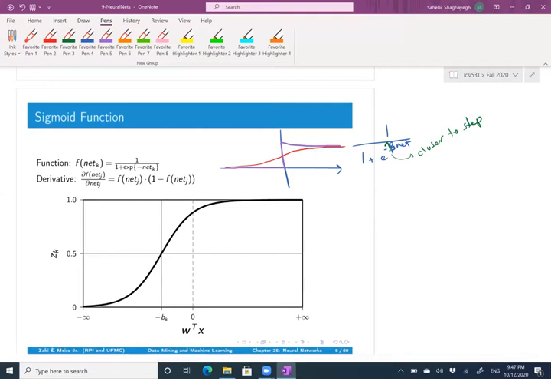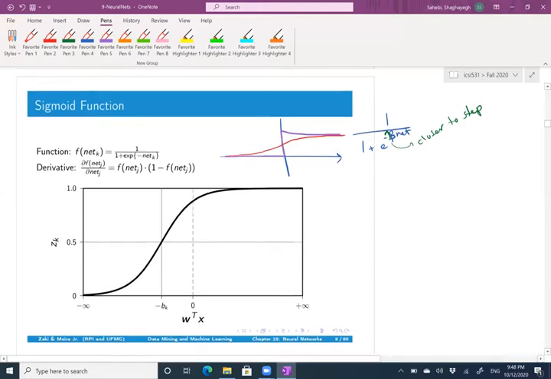But there is a problem with the sigmoid activation function, and that is in its derivative. We have seen this derivative before with respect to net. The derivative of f is going to be f of net multiplied by 1 minus f of net. If f of net is equal to 0 or close to 0, the derivative is going to be close to 0.